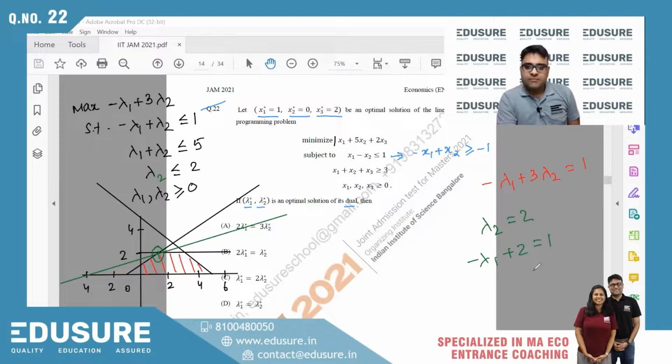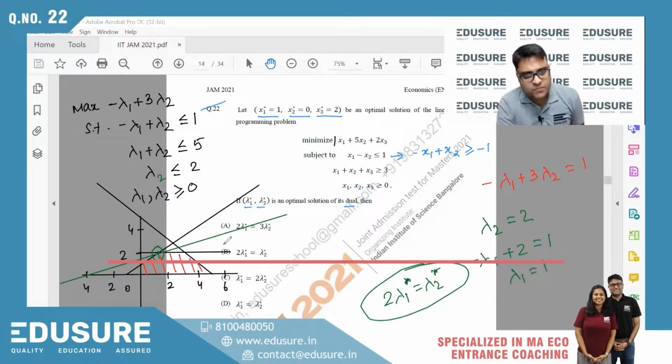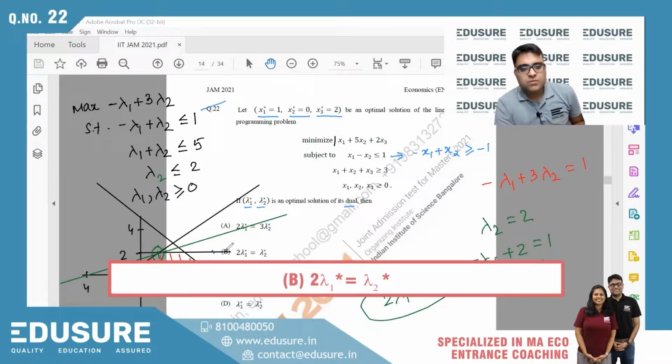That means lambda 1 is equal to 1. So lambda 1 is equal to 1, lambda 2 is equal to 2. So 2 times lambda 1 star is equal to lambda 2 star. This is the relationship between lambda 1 and lambda 2. This is the answer. Okay.